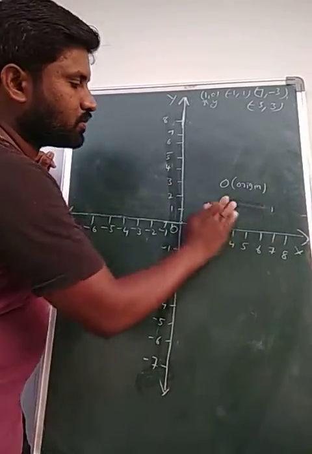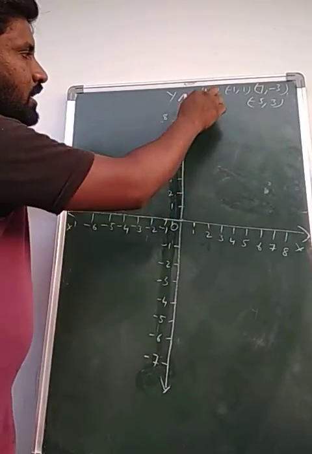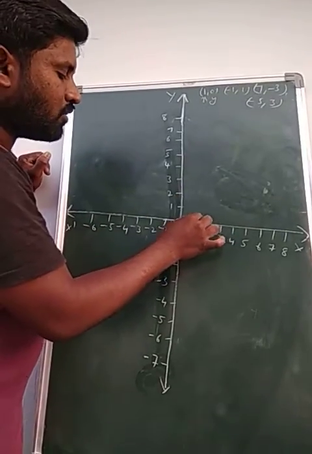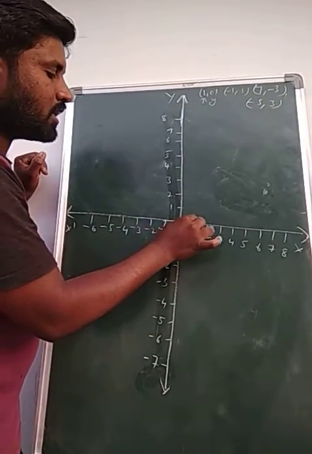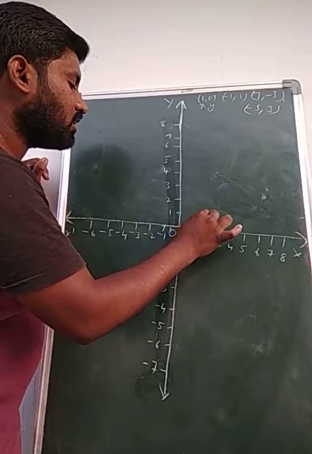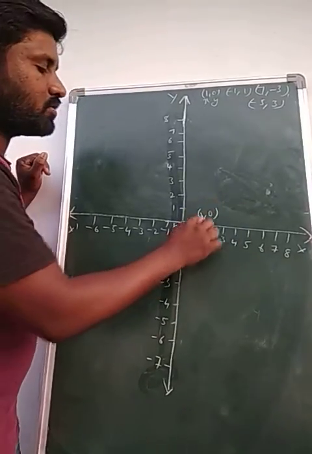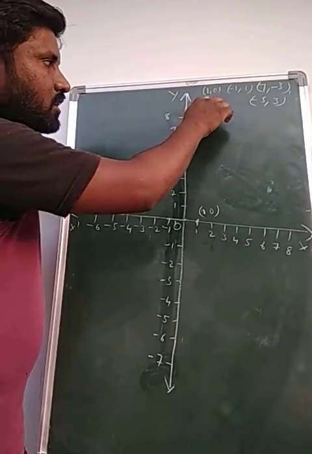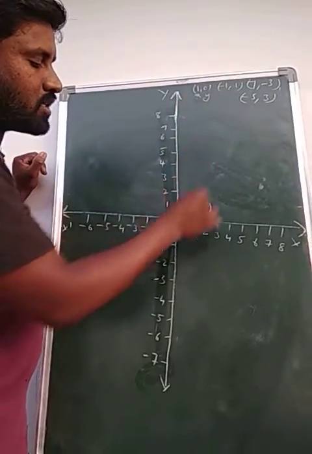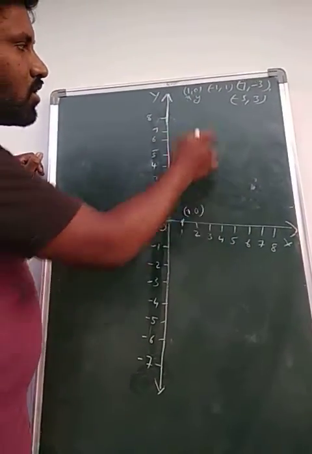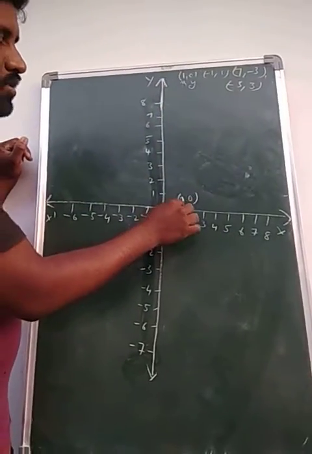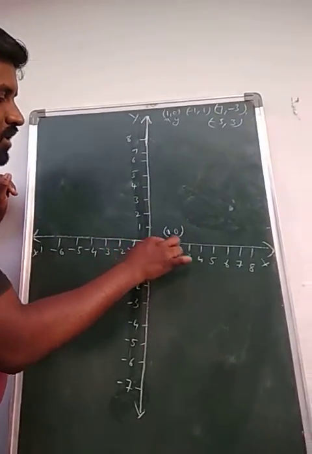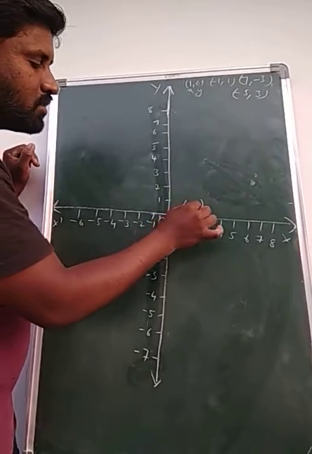Now see, the x coordinate is 1 and the y coordinate is 0, so the required point is (1, 0).